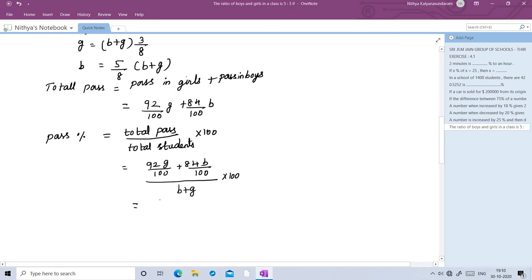So cross multiply 84 B by 100. Then the B value, G value you can substitute.